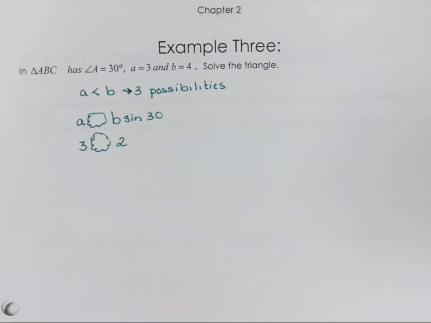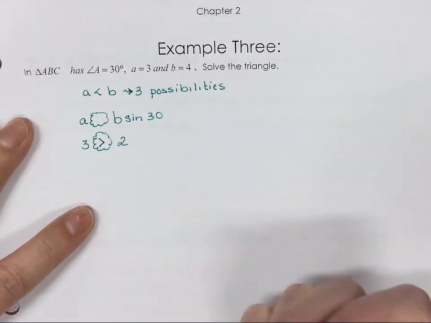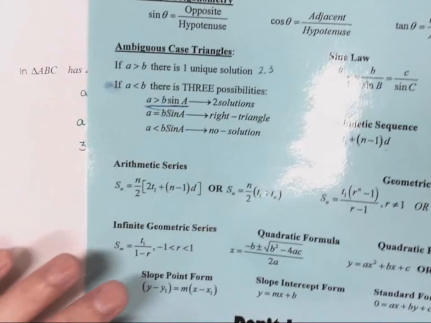How many solutions do I have? So 3 is greater than 2. And so if I go back to my sheet here, if A is greater than B sine A, we have 2 solutions. So this is going to tell me I have 2 solutions.